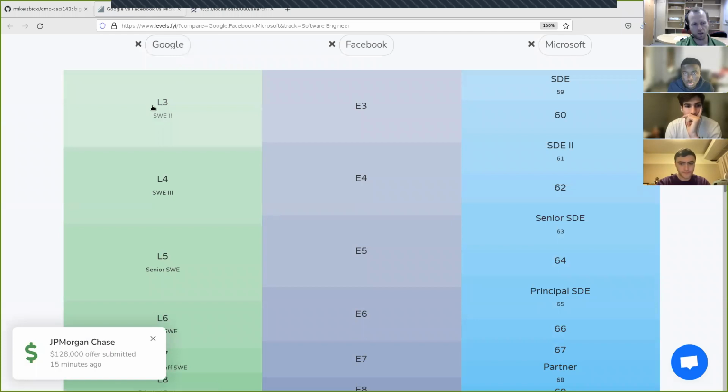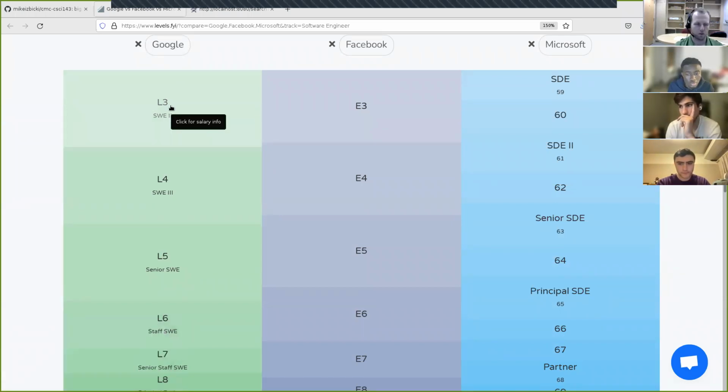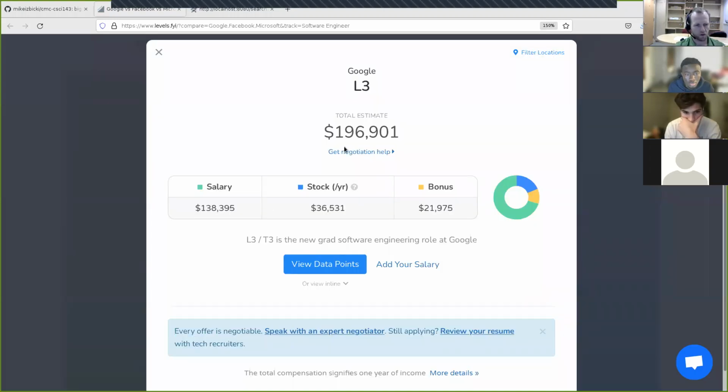For Google, L3 is the entry level position, so somebody straight out of college would get hired at an L3. The average salary for an L3 at Google currently is 196,000. That's straight out of college, average starting salary at Google, and this has only been going up considerably over the past few years.